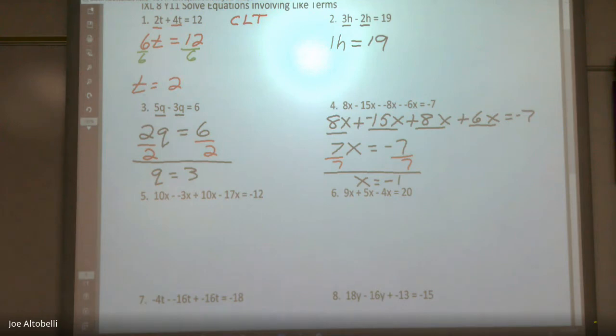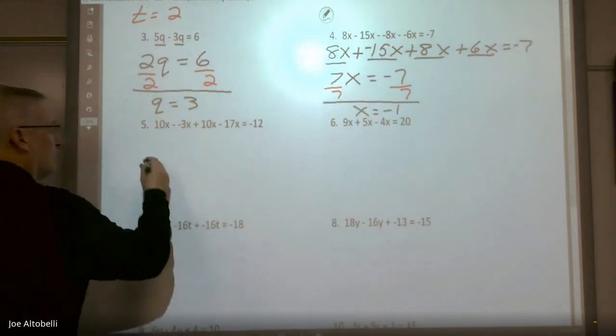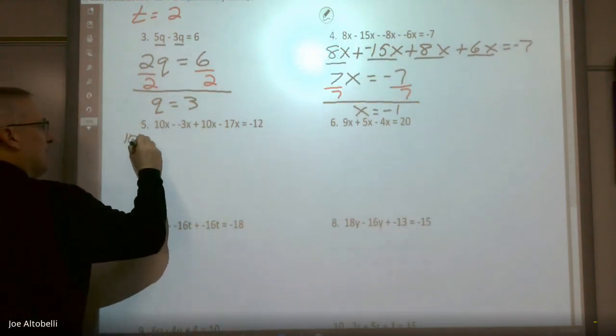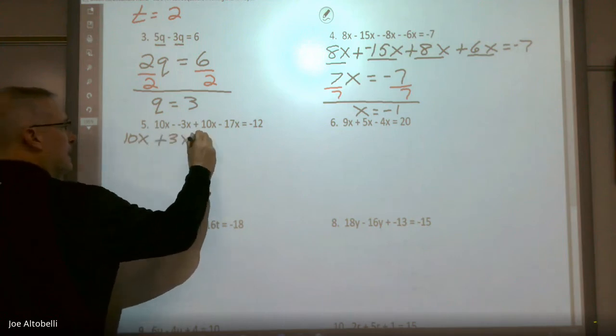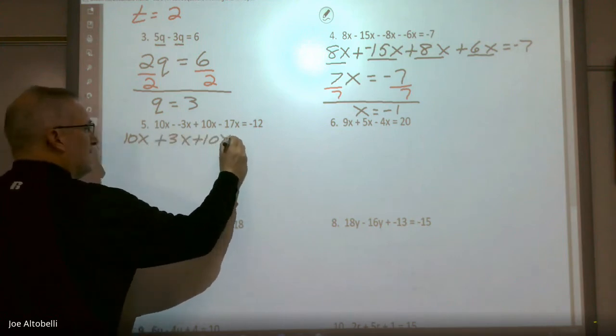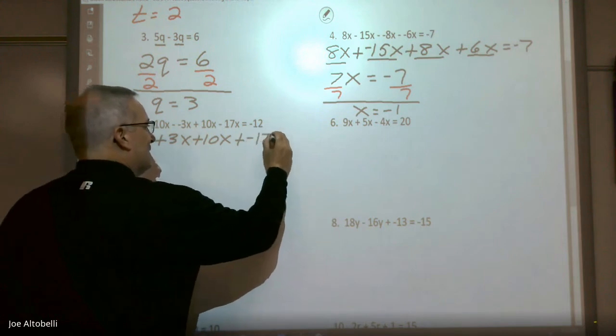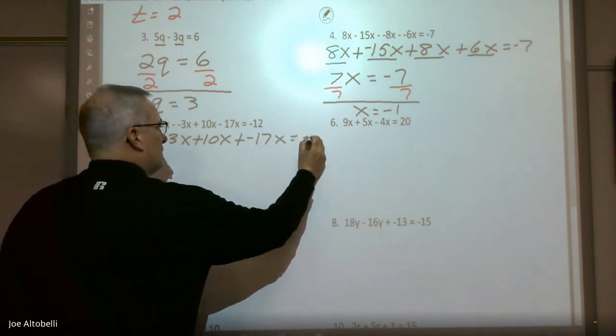Number 5, I'm going to change subtracting to adding the opposite. That's my first step. So I have 10x plus 3x plus 10x plus a negative 17x equals negative 12.